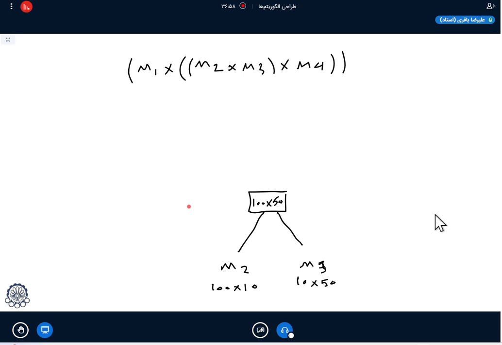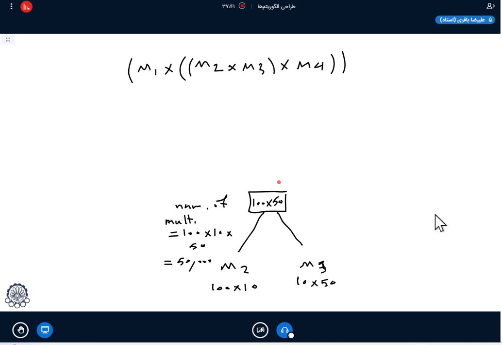The number of multiplication is what? It is 100 multiplied by 10 multiplied by 20, which is 50 thousands. 50 thousands, not 5,000.